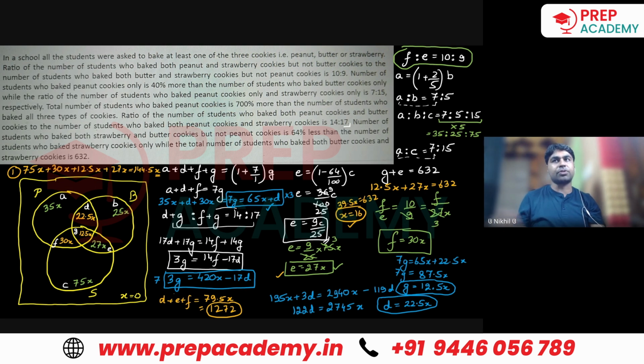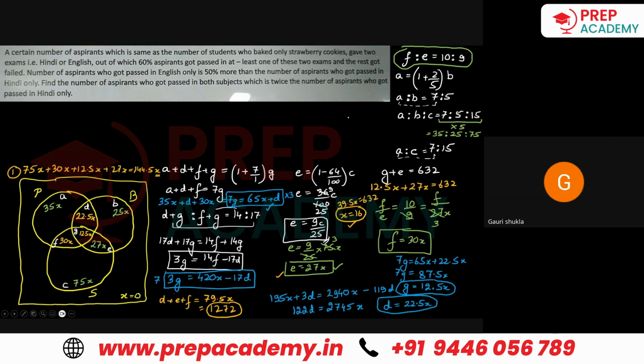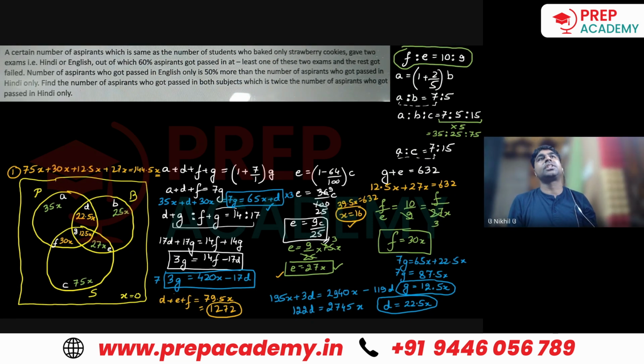I'll copy paste this question, because we will have something to discuss in this question for sure. So you just see the other questions. This is the next question for you: a certain number of aspirants, which is the same as the number of students who baked only strawberry cookies. How many of them are there?